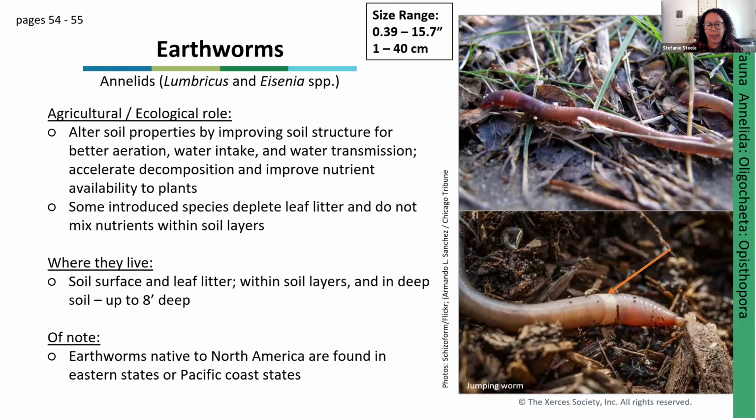But they can deplete the leaf litter. They don't mix the nutrients within the soil as they're depleting. They're consuming so much of that leaf litter and then not mixing it within the soil. This is increasing erosion or loss of nutrients.